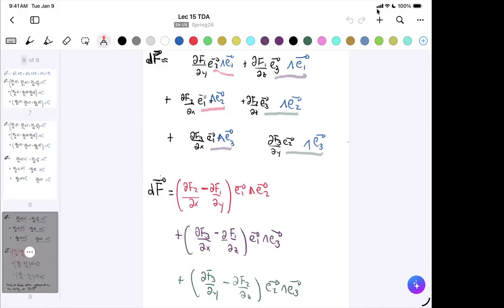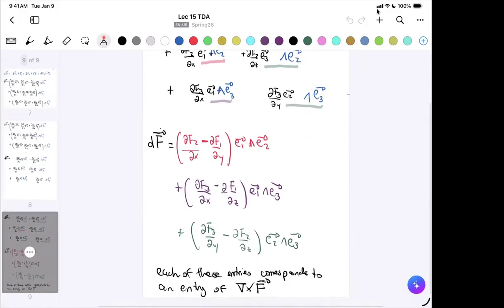So the exterior derivative of a vector field is more or less the curl. It's not the curl literally because the curl was a vector field, but it's kind of like a bivector, a two-dimensional version of the curl. That's because, again, E1 wedge E2 is kind of like a parallelogram. Same with E1 wedge E3 and E2 wedge E3.